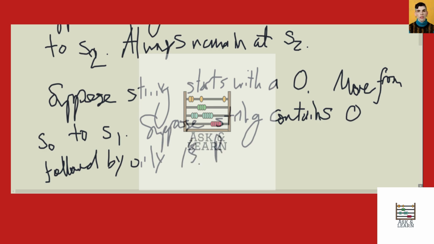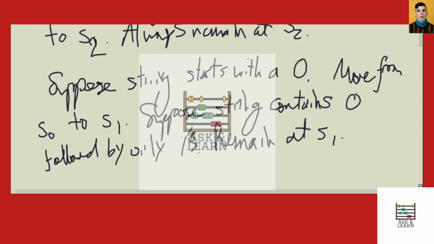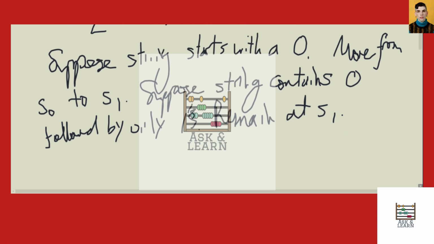Otherwise, if we have a 0 besides the first 0, then we're going to move from state S1, according to our table, to state S2, and then we'll have to remain at state S2. So any string starting with a 0 followed by any number of ones will be in the recognized language.